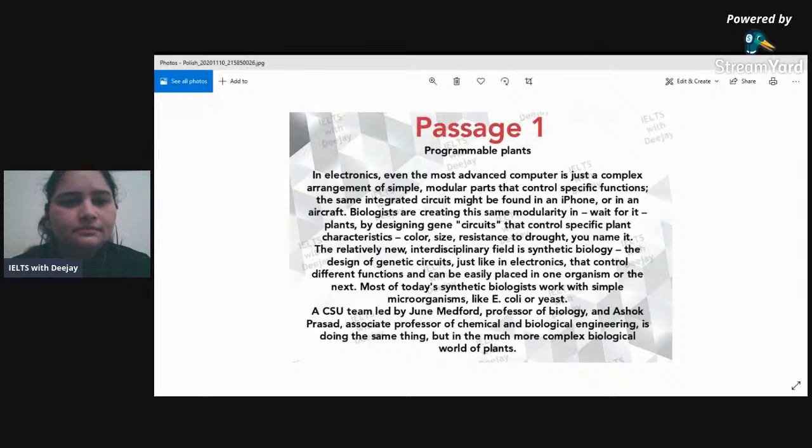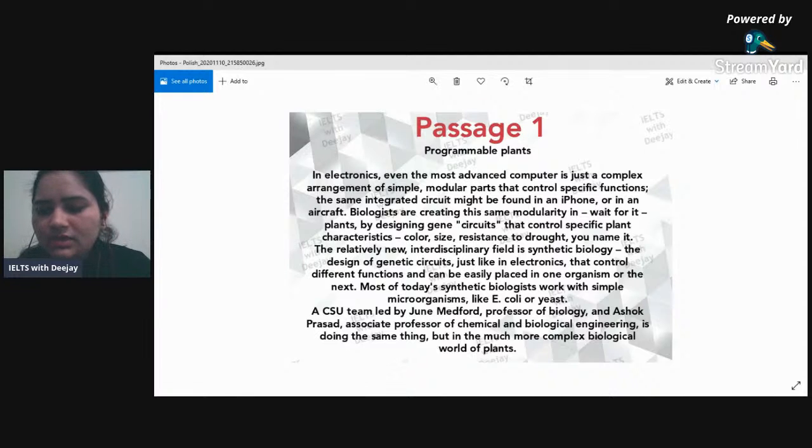Next answer. Yes, the next one is not given. The reason is because they are saying, yes, it's not given because the statement is missing.